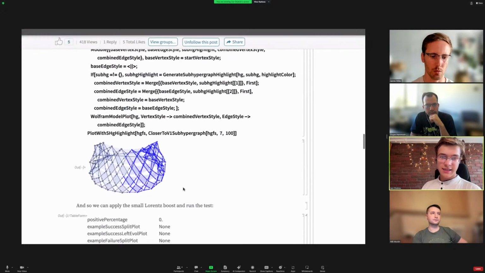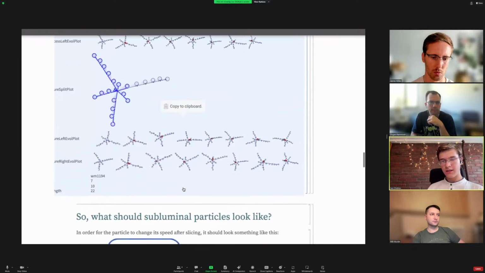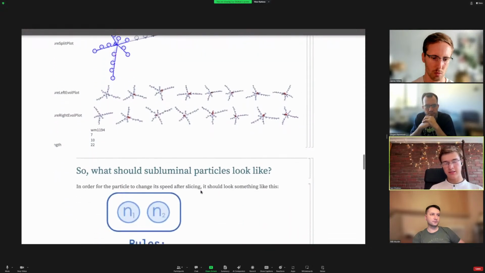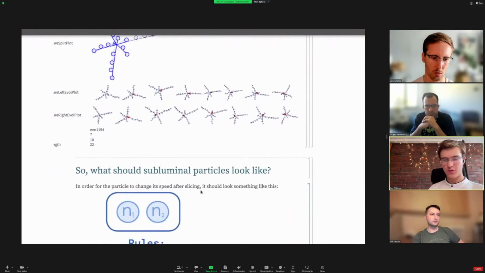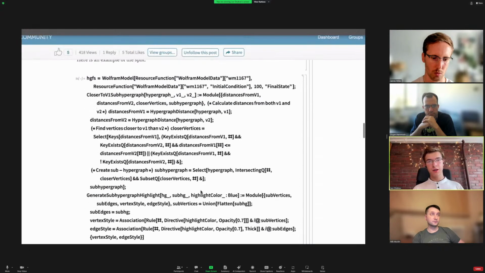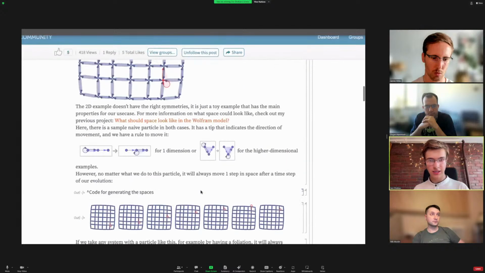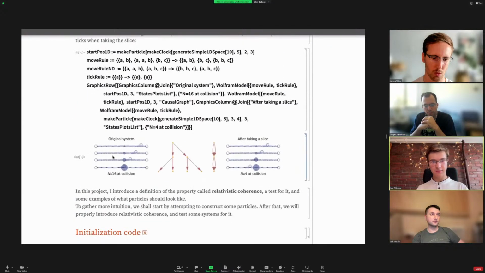And the more conceptually important chain of thought is what the particles should actually look like, because if we look at what's happening in this system, the particle is actually not that big of a problem. It is just a photon.